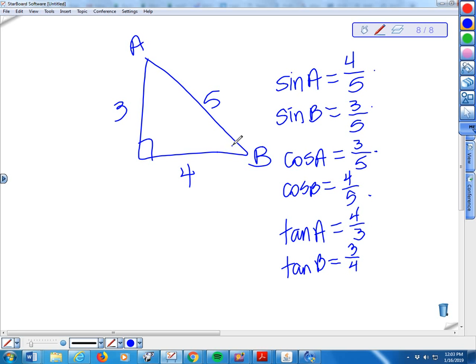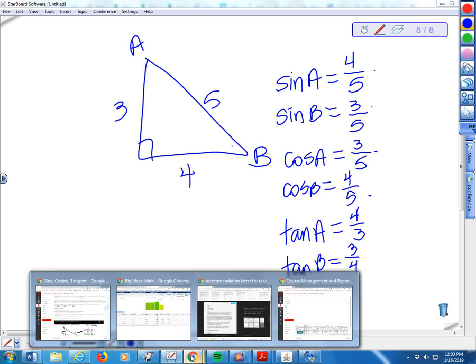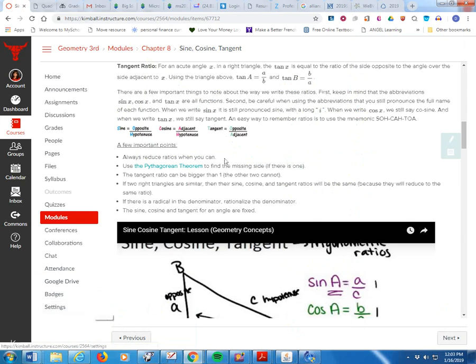Some things in the textbook they talked about that are good to remember. Always reduce your ratios when you can. So if you end up getting 6/10, make sure you're writing it as 3/5. Use the Pythagorean theorem to find the missing side before you even start. So if they don't give you it's 3, 4, 5, they give you 2 sides and you don't know the third, just use Pythagorean theorem and find the third, and then you can write your ratios.